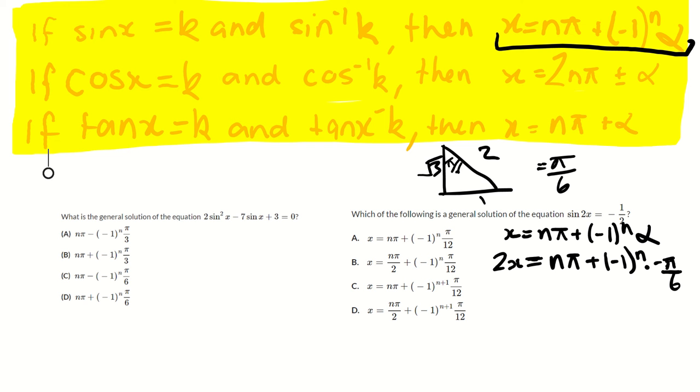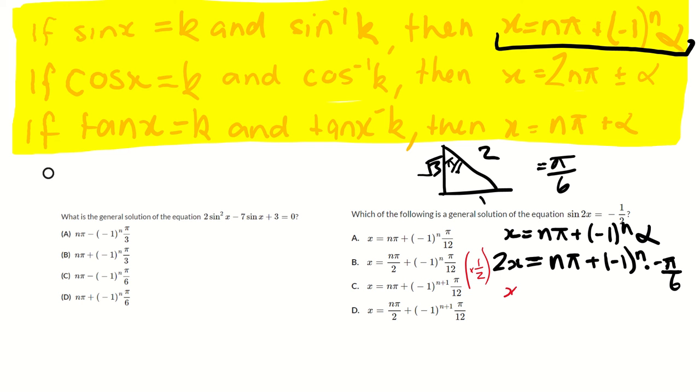Now, I think to myself, alright, well that's none of those answers, all my answers are in terms of x, okay? And notice too, they don't have a negative in the angle there, which means I need to somehow get rid of this negative. So what I'm going to do is divide everything through by 2. A nicer way, in my opinion, of thinking of that is times everything by a half, okay?